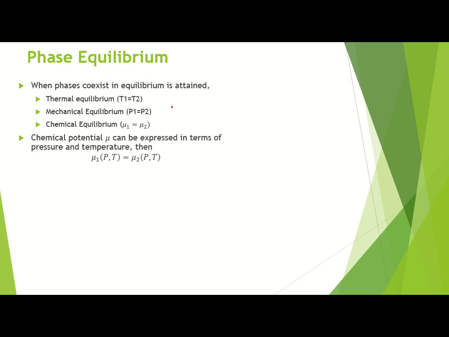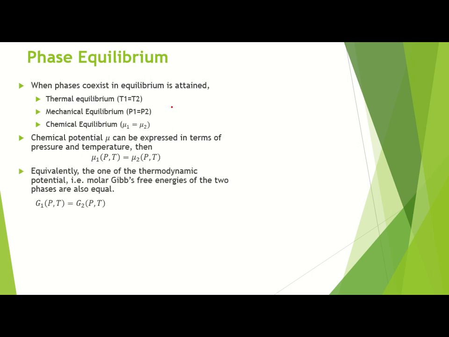So typically we will be interested in the chemical potential, and further, all these three quantities, chemical potential, temperature, and mechanical equilibrium, that is pressure, are involved in a more general quantity, which is the Gibbs free energy.